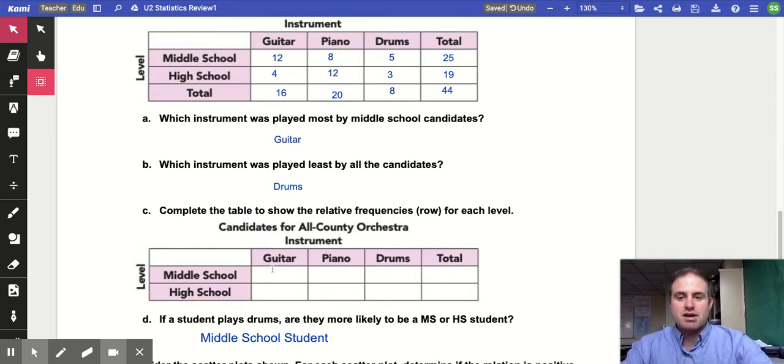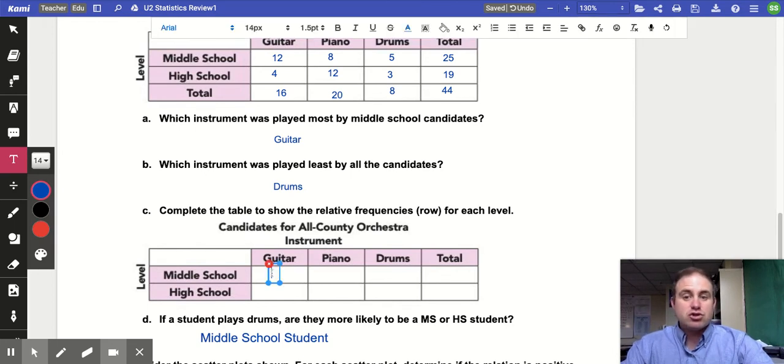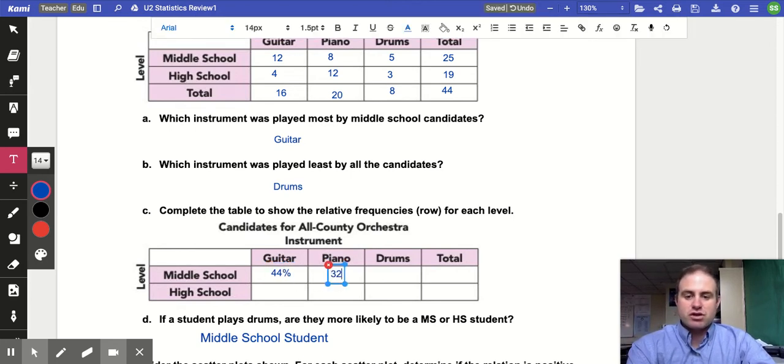So we want to input 12 divided by 25 and turn that into a percentage. You can also leave it as a 2 decimal places. Either one works. So 12 into 25 would be 48%. 8 into 25 is 32%. And then 5 into 25 is 20%.